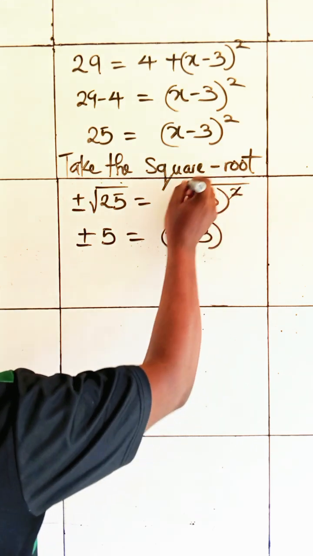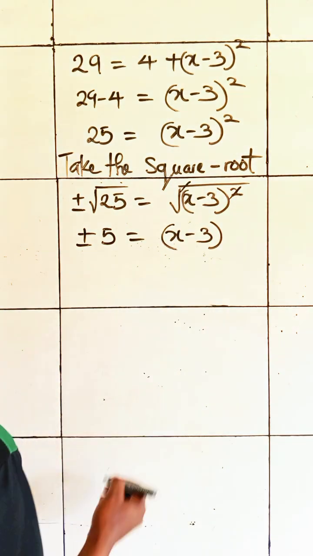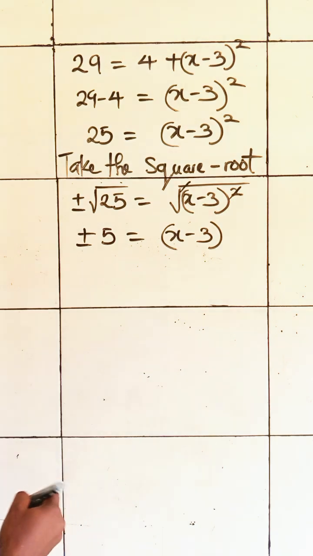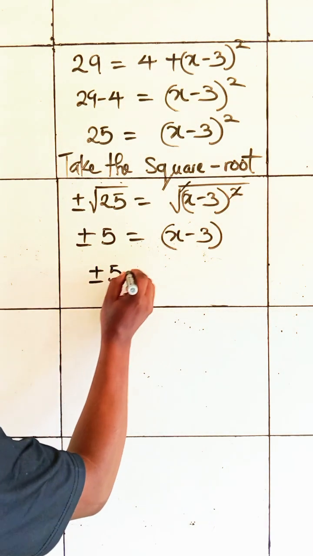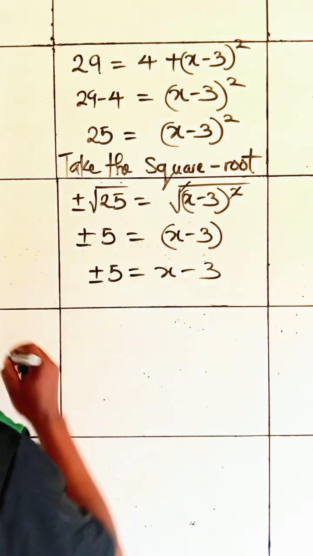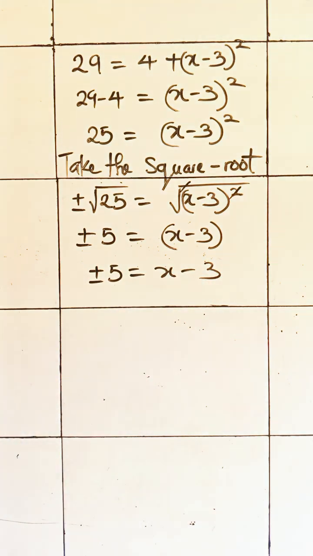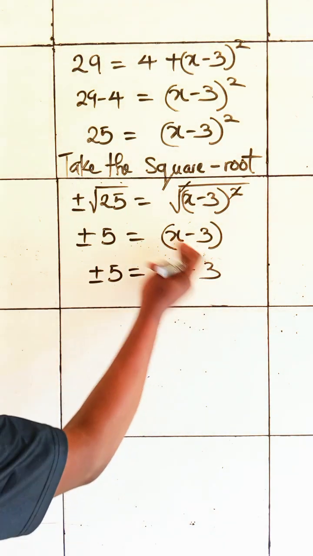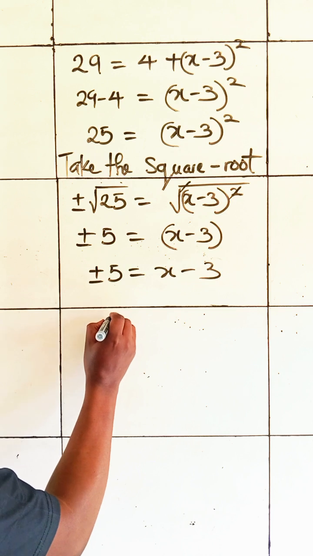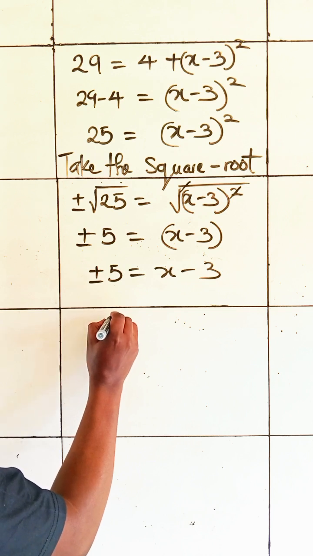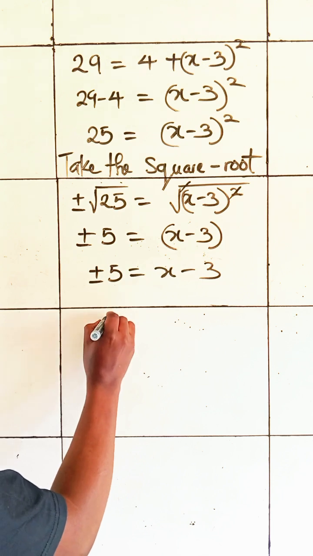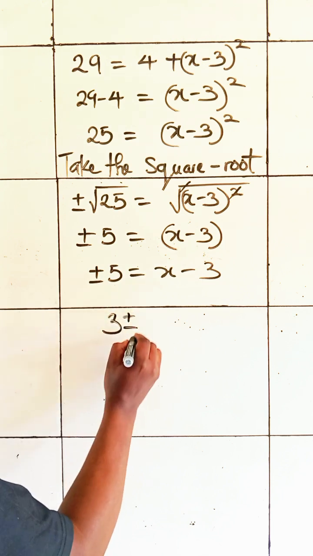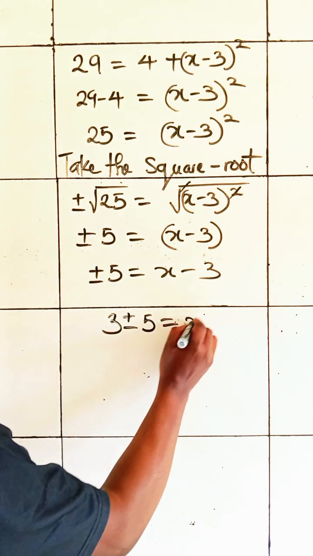So the square will cancel the square root, and I have x minus 3. So from here we can write it as plus or minus 5 equals x minus 3. Remember, we have to find the value of x. So I'll take this minus 3 to the other side, and it becomes plus 3. So I have 3 plus or minus 5 equals x.